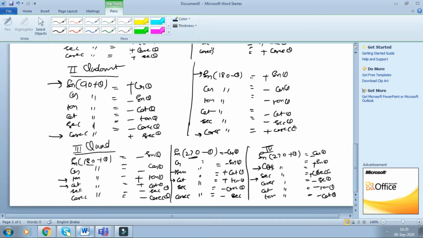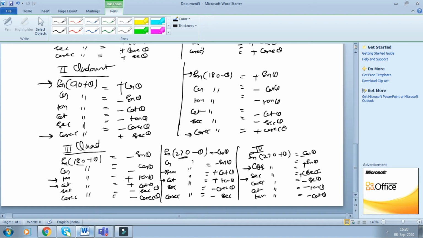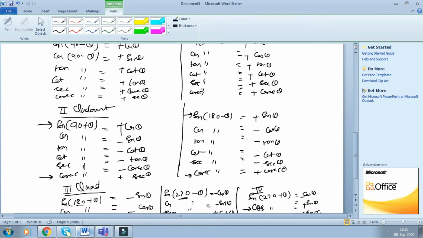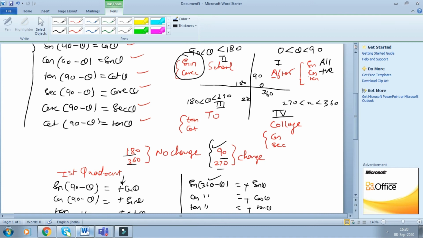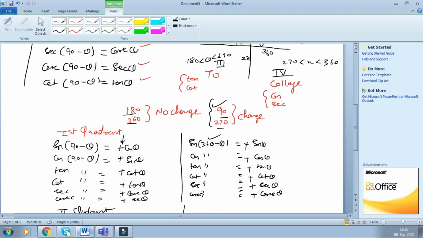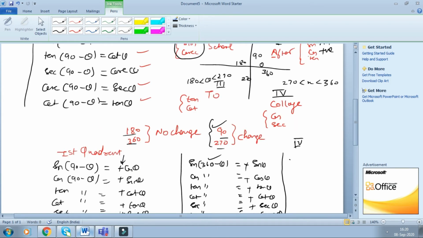This is how the formulas can be framed for all the quadrant system. Similarly, for the fourth quadrant, earlier we did 270 plus theta. Now you can frame it on your own by 360 minus theta. So I'll write it here, due to space crunch. Earlier we moved like 270 plus theta, the other way is sine 360 minus theta, and similarly cos, tan, sec, cosec and cot.